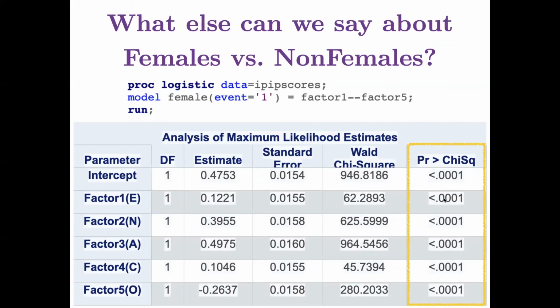Now, what else can we say about females versus non-females? Well, it actually turns out there are differences between genders along all of these constructs. Some of them smaller than others, the largest being agreeableness, the next being neuroticism. Females more likely than non-females to identify with some level of neuroticism.